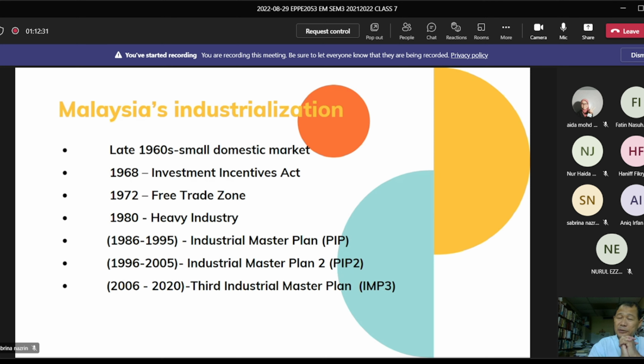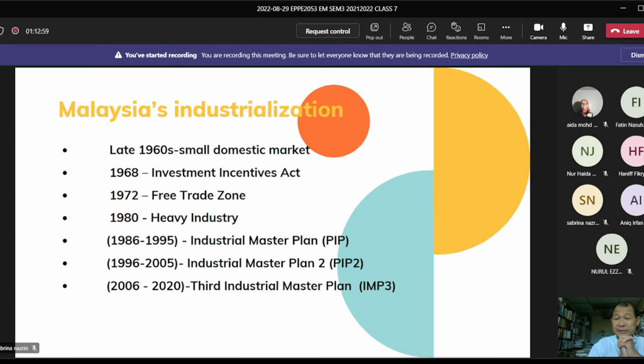Import substitution at that time was simple manufacturing only, to produce shoes, to produce anything, so that all products that Malaysia had been importing were produced locally.